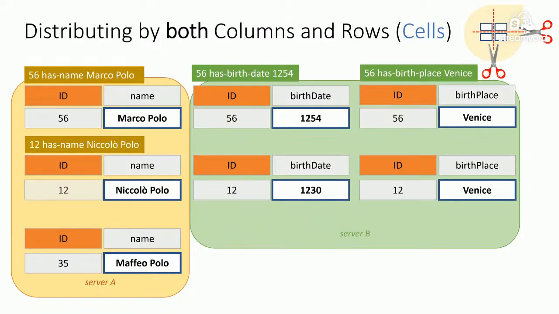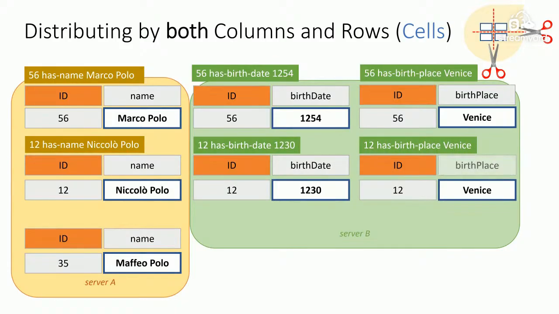And again, 12 has name Niccolo Polo, has birth date 1230, and has birthplace Venice. And finally, 35 has name Maffeo Polo. So if we focus on these statements, the cells, independently from the tables which contained them, we can break the single database cage.